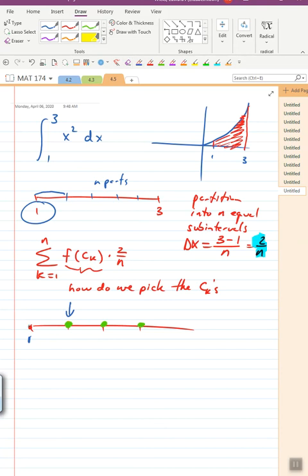How are you getting from the left endpoint of that first interval to the right endpoint? You are adding the width. What's this guy? Do it again. Does that look right?